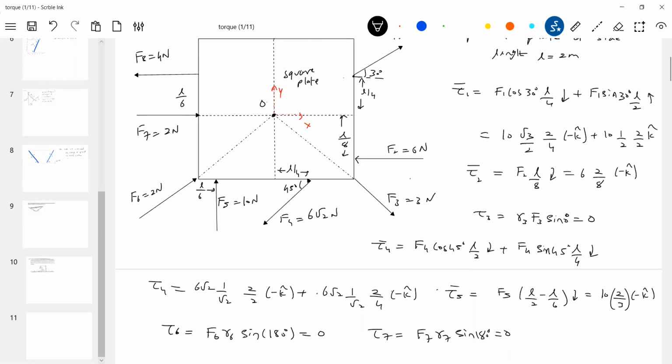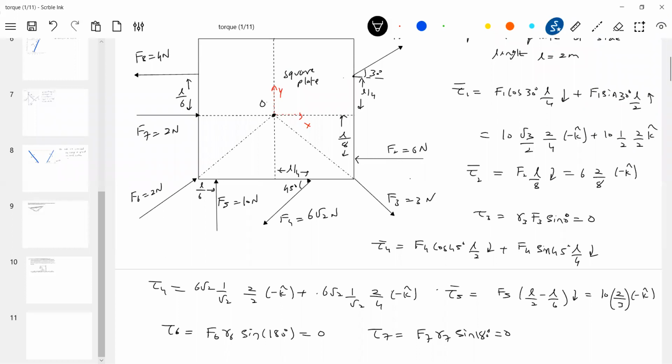Now come to the torque due to F8. You extend back this force, so this distance will be L by 6, given. You extend back this one here like this, so this will be the perpendicular distance, no? And this is R bar, this is F bar. R cross F will be anti-clockwise.